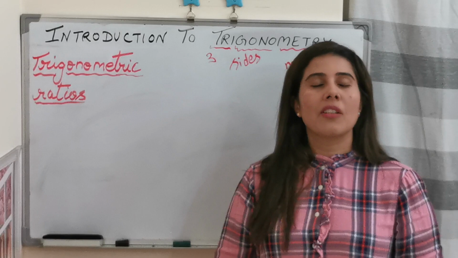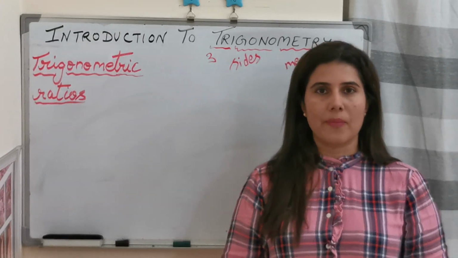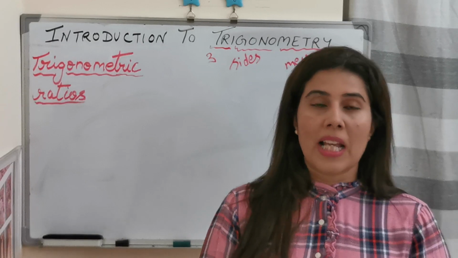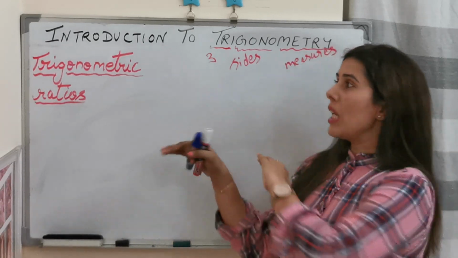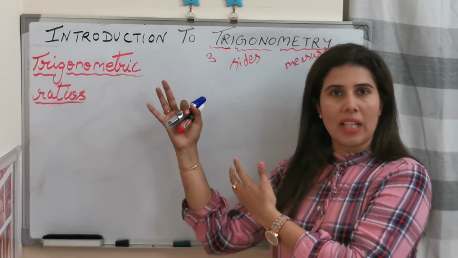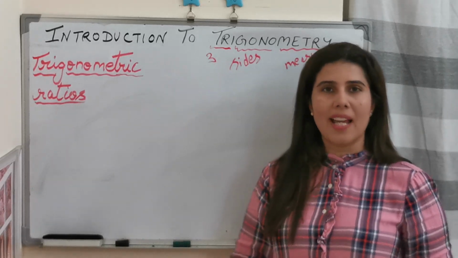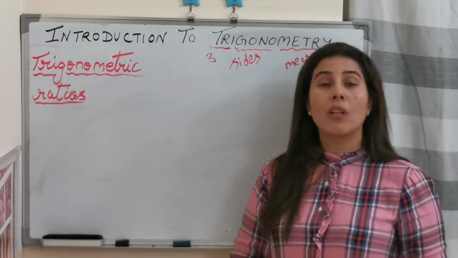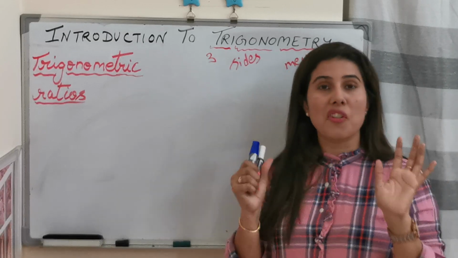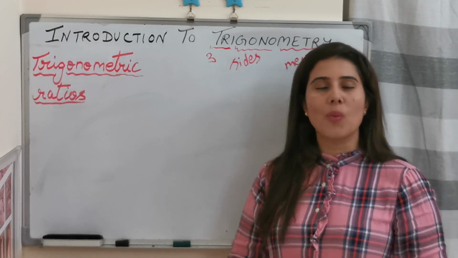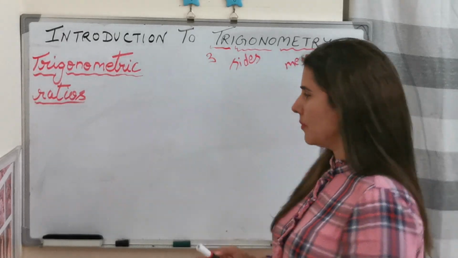Today's topic is trigonometric ratios. Children, there are 6 trigonometric ratios, and in grade 10, we are dealing with right angle triangle. Whenever we are talking about trigonometry, we are dealing with right angled triangle. So to study about the 6 different types of trigonometric ratios, we need to draw a right angle triangle.